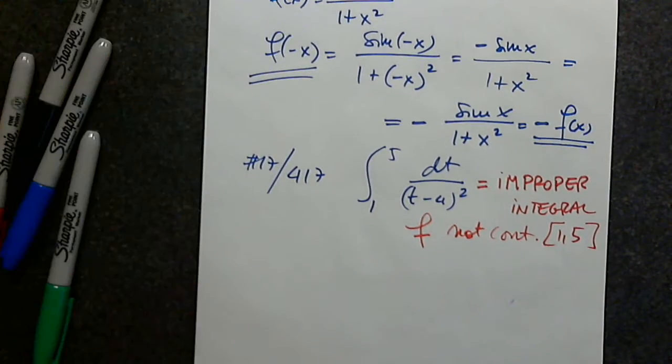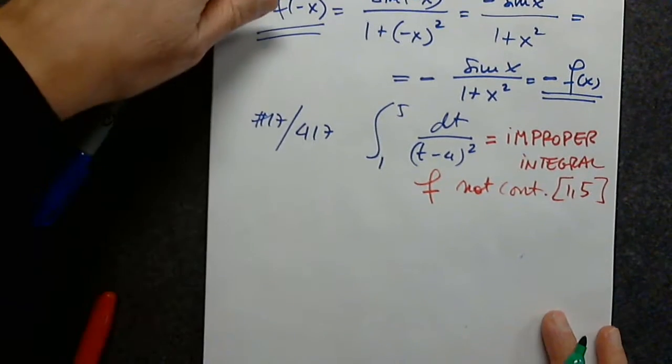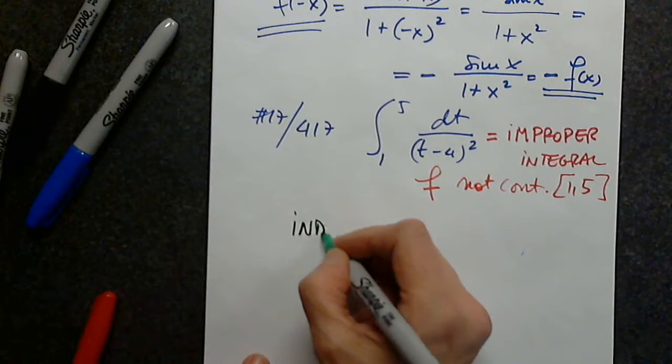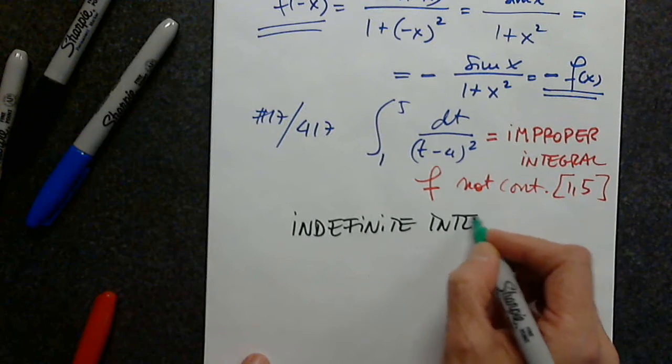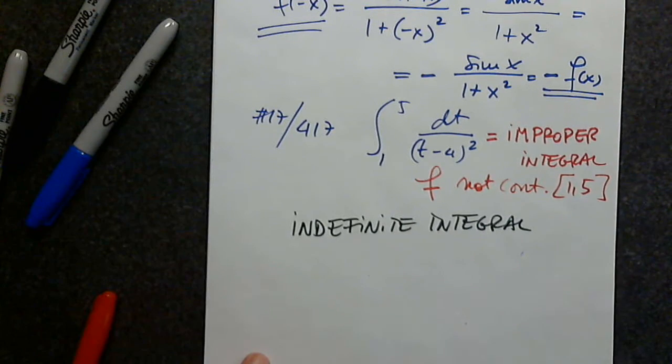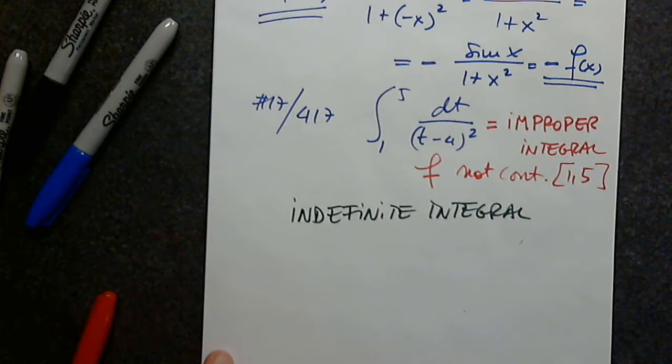Okay, so far we talked about the definite integral, and the answer was a number. Very good. Now let's talk about the indefinite integral, which does not have limits of integration. And therefore, the answer will be a function. Exactly.